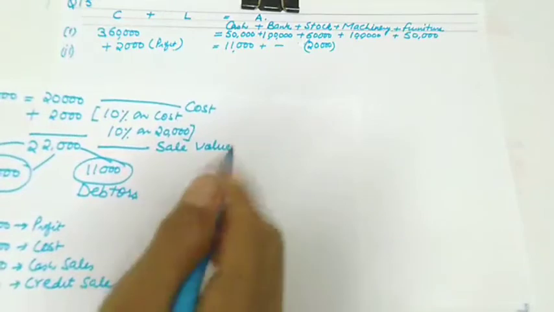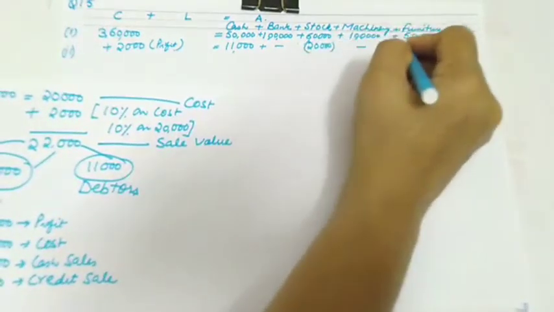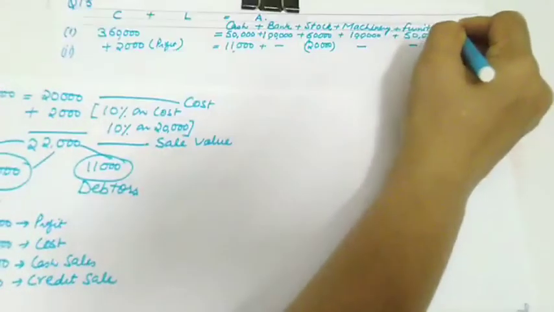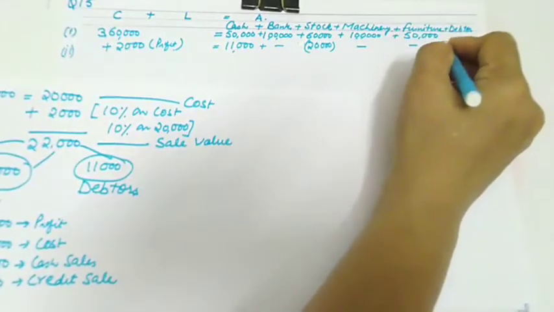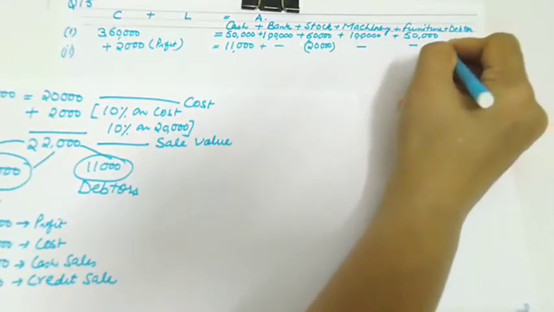And then no change in machinery, no change in furniture, a new item debtor will be created. And what is the amount of debtor? It will be 11,000.